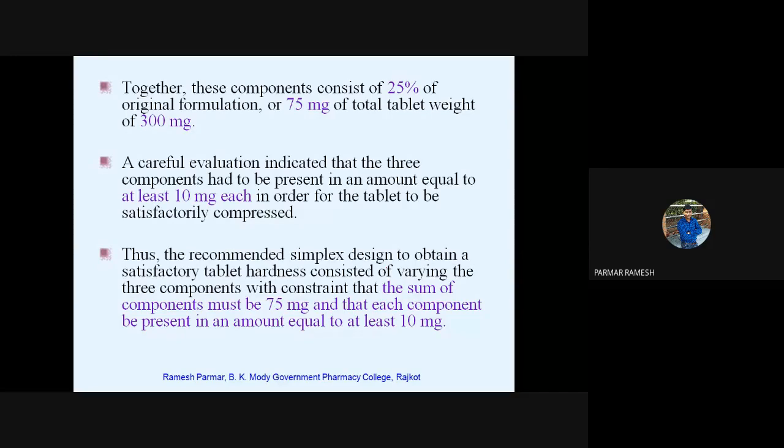Now, a careful evaluation indicated that the three components had to be present in an amount equal to at least 10 milligram each in order for the tablet to be satisfactorily compressed. Thus, the recommended simplex design consisted of varying the three components with a constraint: the sum of the components must be 75 milligram and each component must be present in an amount of at least 10 milligram, not less than that.